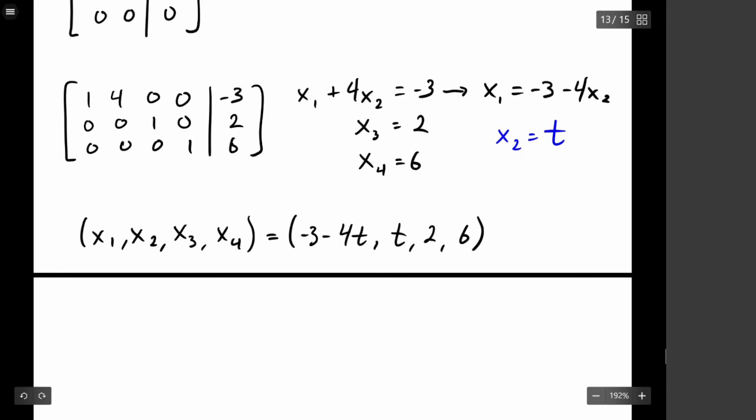And again, it's always a good idea to think of this as a constant part plus a parameter part. So we split them according to the ones with t's and the ones without t's. We get -3, 0, 2, 6, plus t times -4, 1, 0, 0.